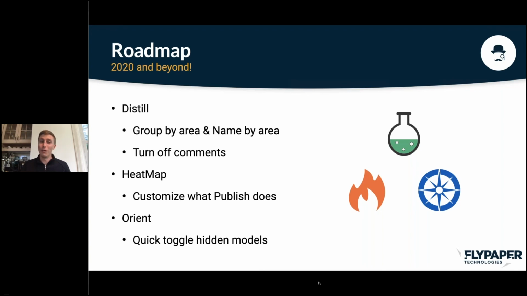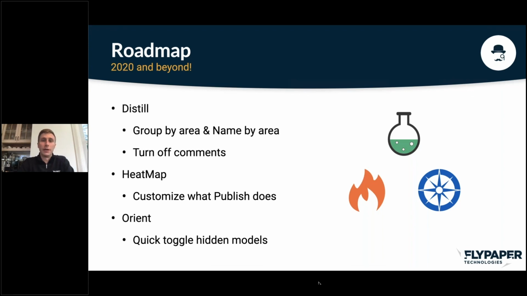Now, because it does all of those things all at once, and you currently don't have the ability to say, no, I only want it to produce the heat map floor plan, that's all I need, some people won't use the publish feature because they really only want one or two of those features to be done. So we're going to enable the ability for you to pick and choose what that publish button is going to do for you, depending on your situation.